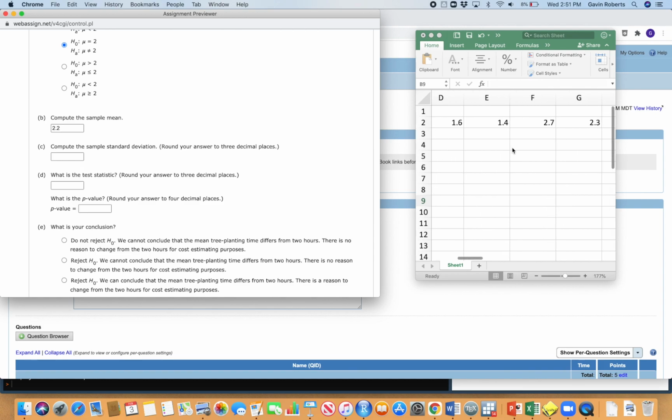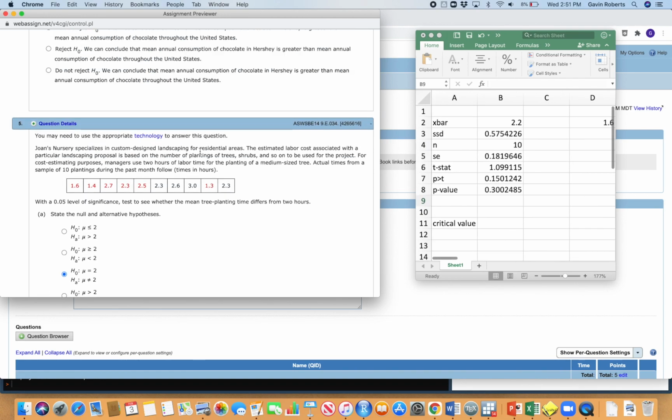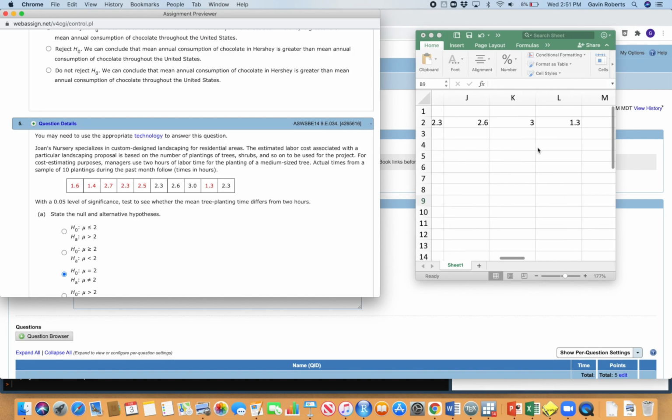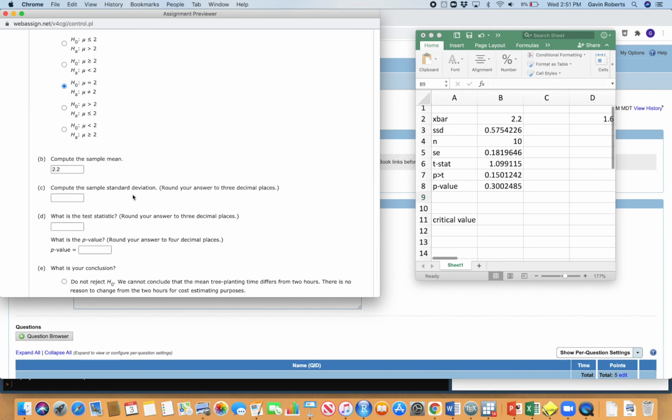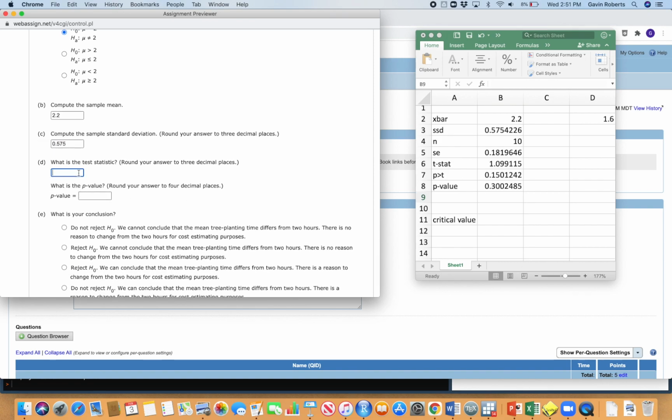I'm going to check the sample. 1.6, 1.4, 2.7, 2.3, 2.5, 2.3, 2.6, 3, 1.3, 2.3. That looks right. Okay. Compute the sample standard deviation, 0.575. What is the test statistic?